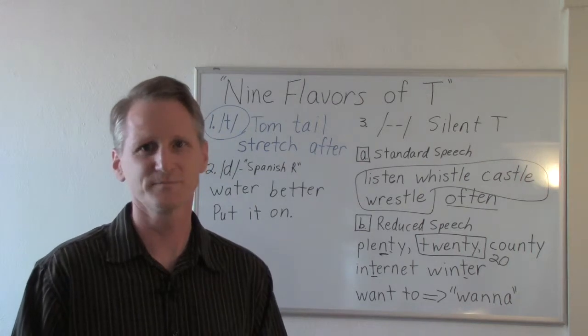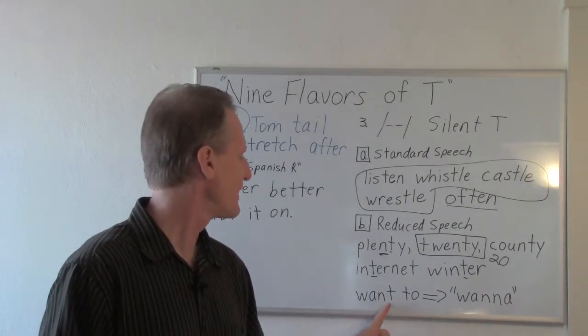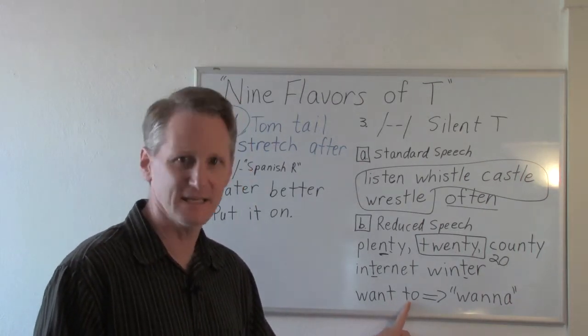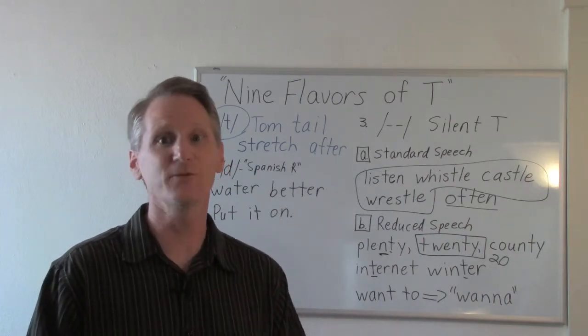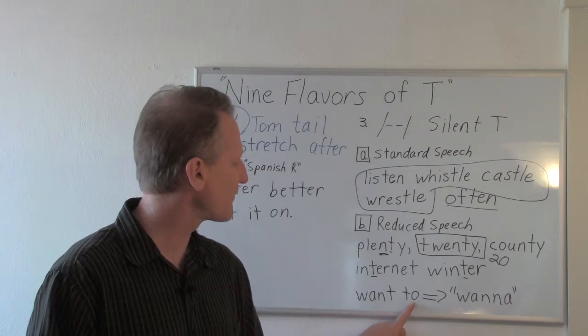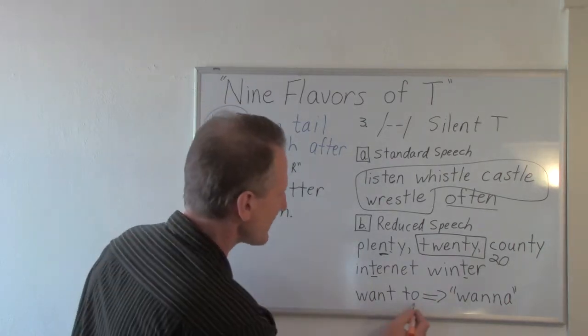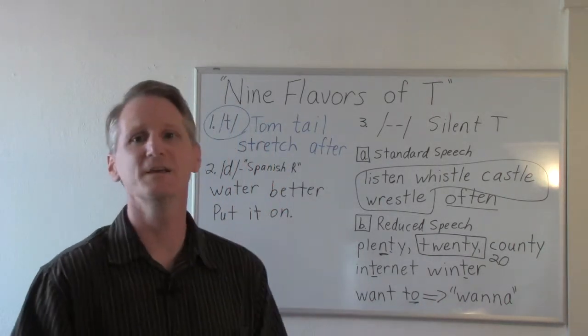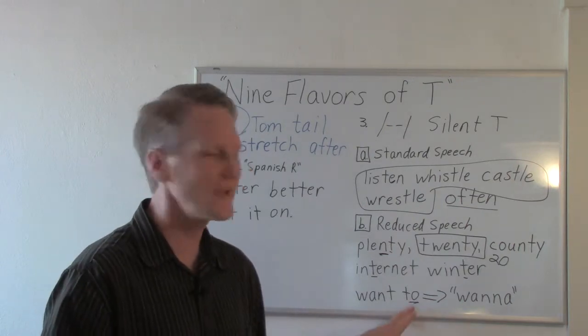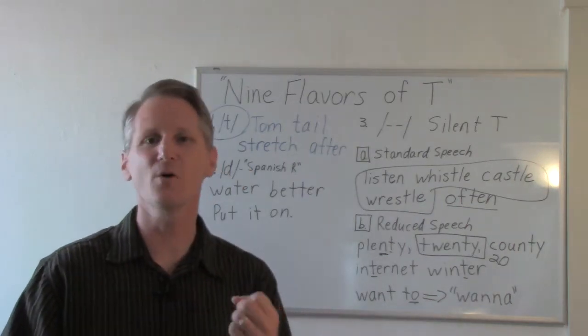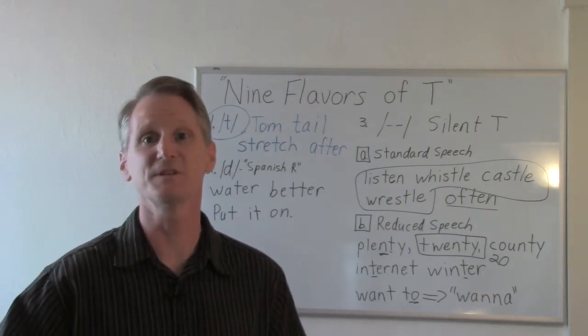Want to. This T and also that T are eliminated in casual speech, in everyday speech. And often the vowel in the word to is also what we call reduced, changed. Okay, we change some vowel sounds when there is no emphasis on a certain syllable.